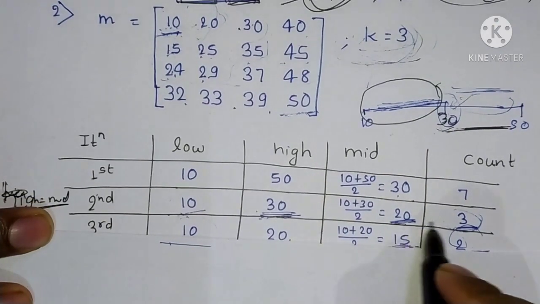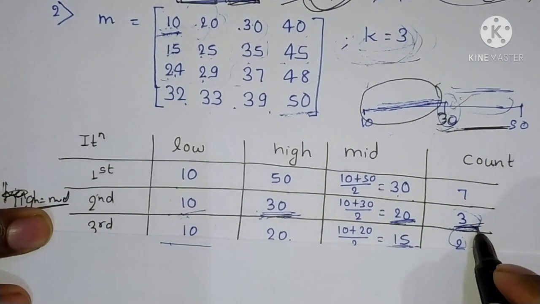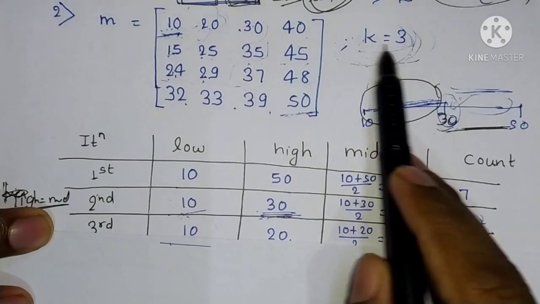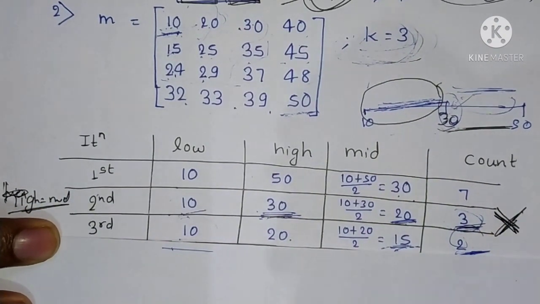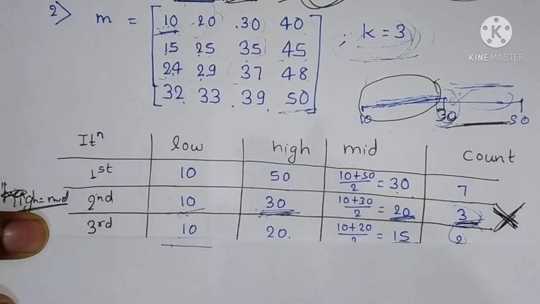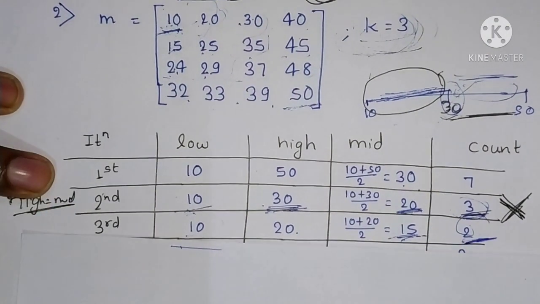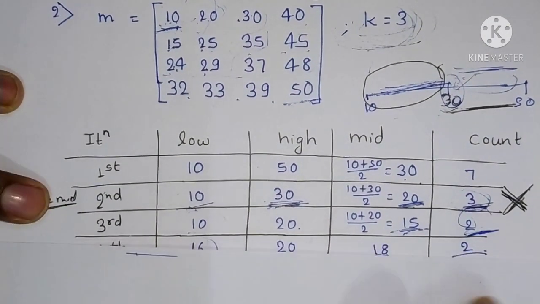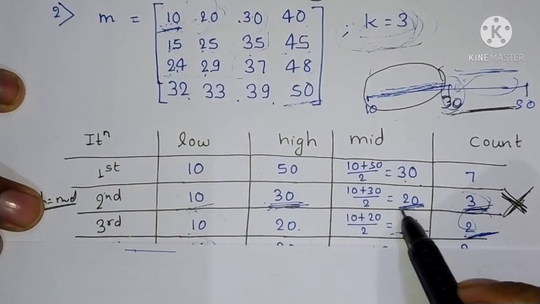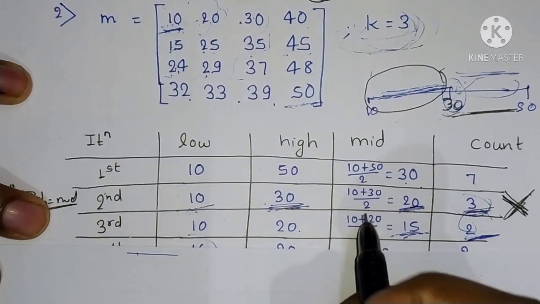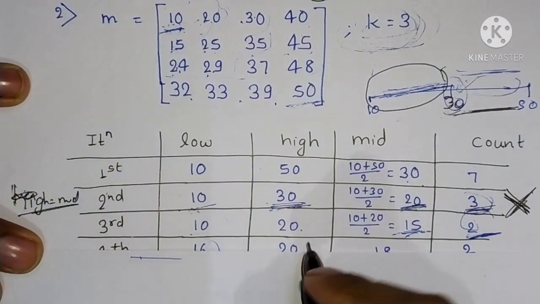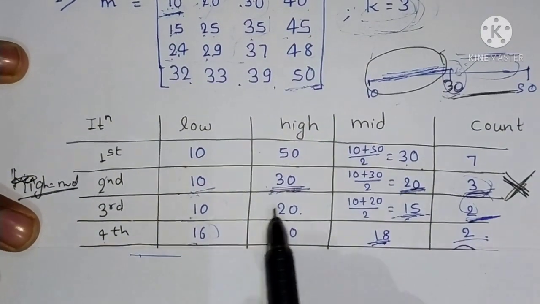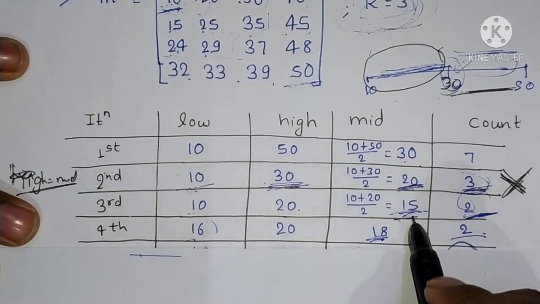Then the mid comes to be 20 and the count comes to 3. The value of k was also 3, but this is not the stopping criteria. We will check for still lower values. If they satisfy, then the answer will be those lower values, not this 20. So we will again make high equal to mid.